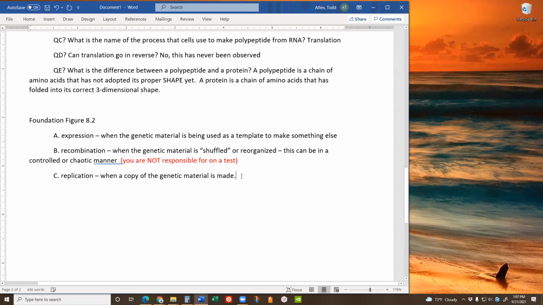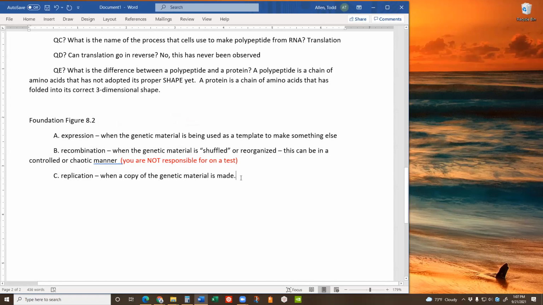Okay. So what I'm saying here is that you are responsible for understanding the ideas of gene expression and the idea of replication, but you are not responsible for recombination. I will not ask questions about recombination on your second lecture exam.